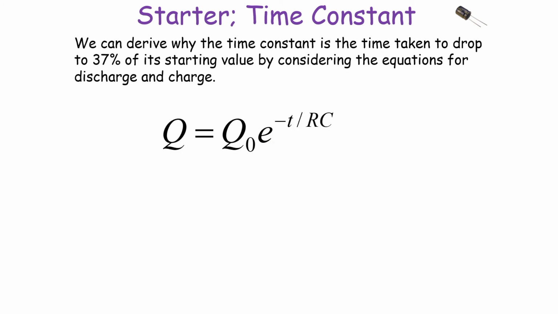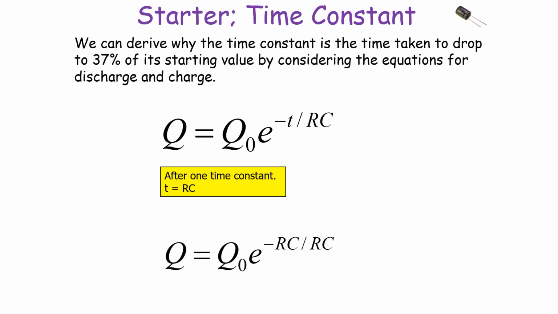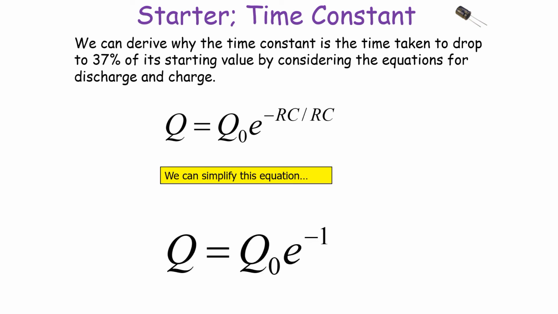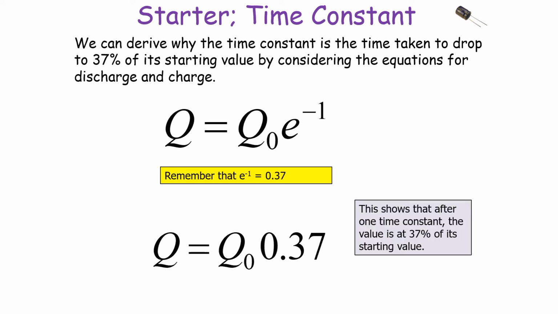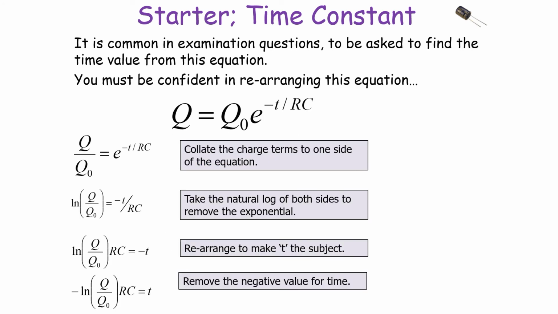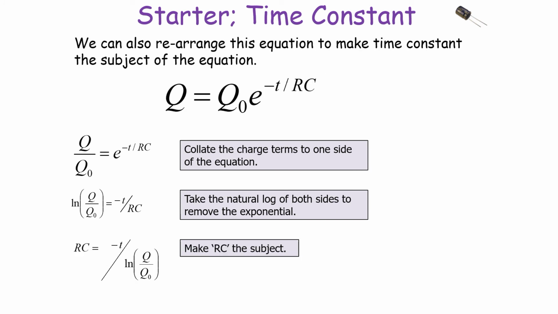Now let's look at where we get this idea from, because if we know that one time constant T equals RC, then Q equals Q0 e to the minus 1, and e to the minus 1 is 0.37, showing that particular idea there. Now we can also carry out the following.